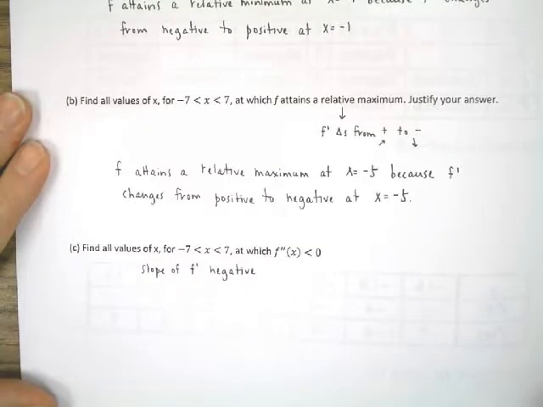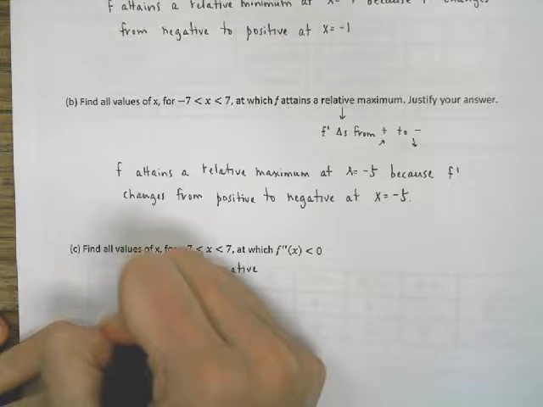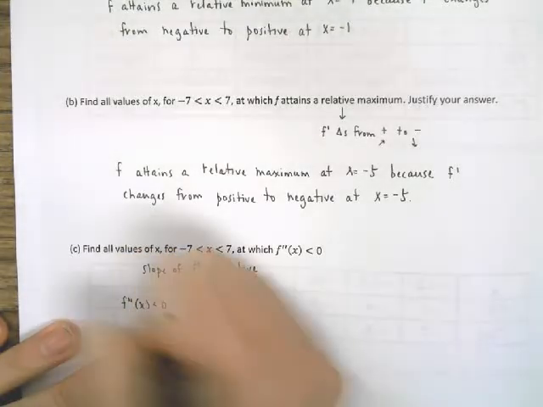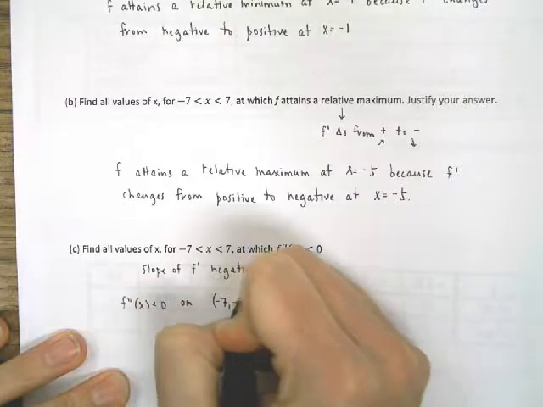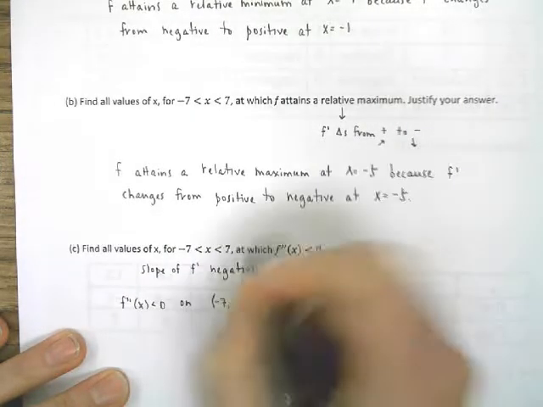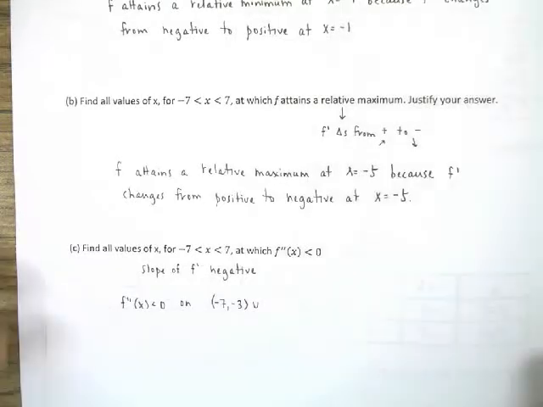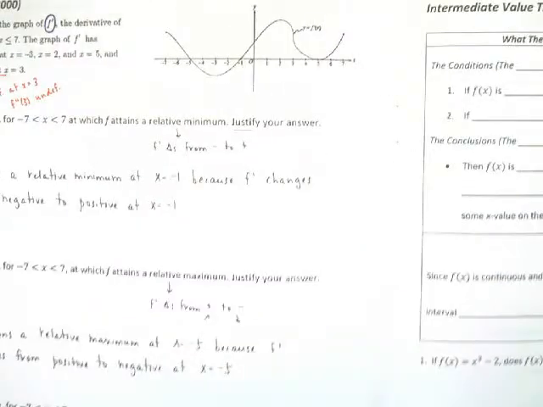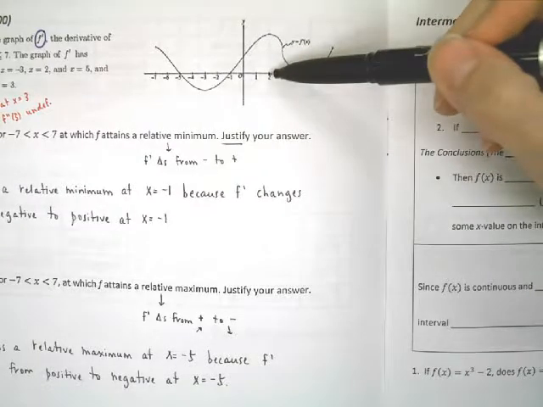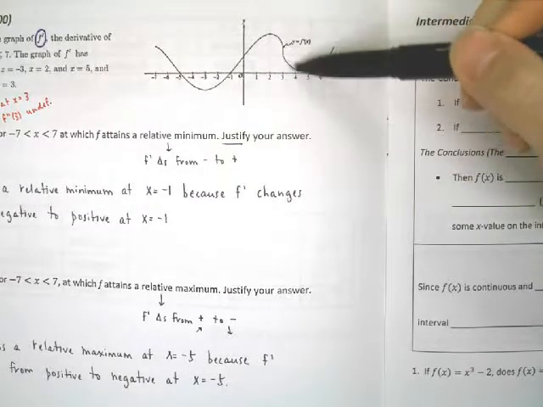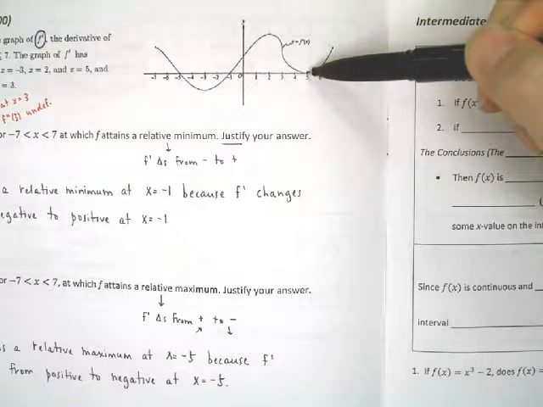Let's write that down. f double prime of x is less than 0 on -7 to -3. And let's see where else. Now, my slope is negative here from 2 to 5. But I have to be careful.